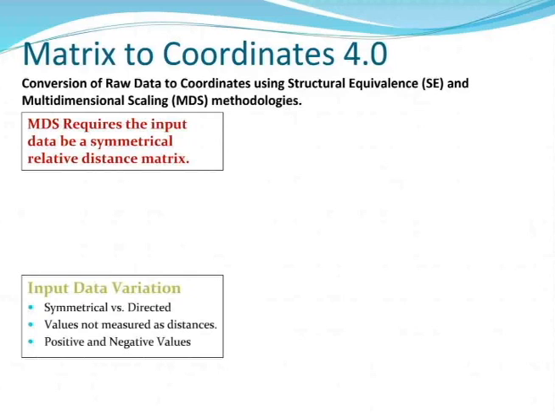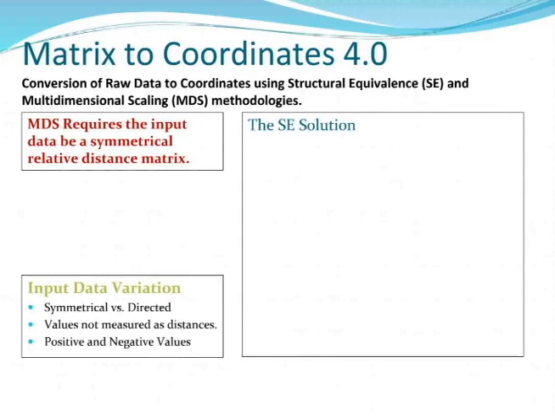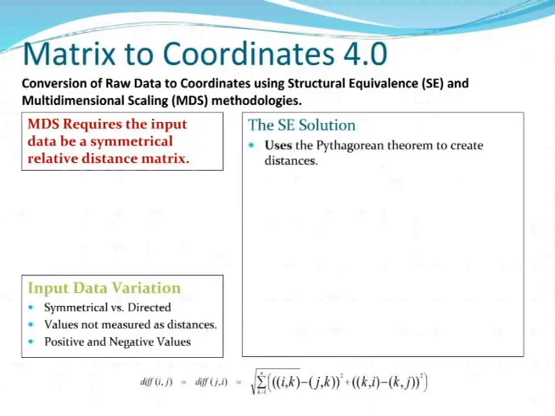Now, for MDS to work, it needs a symmetrical matrix of distances. This is the only way it can convert into coordinates. In order to do that, I use a mathematical function called structural equivalence.